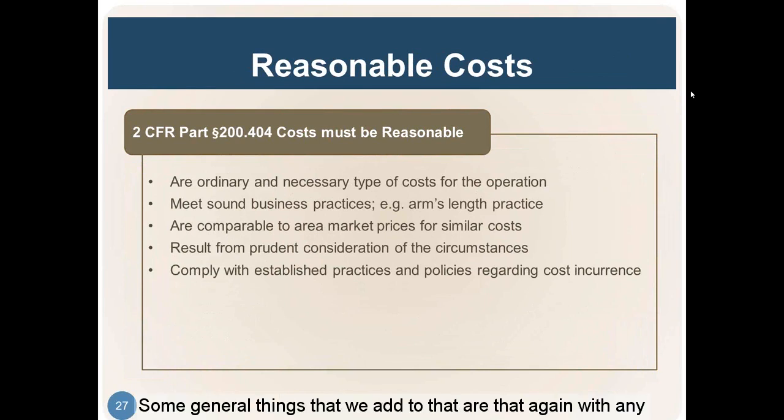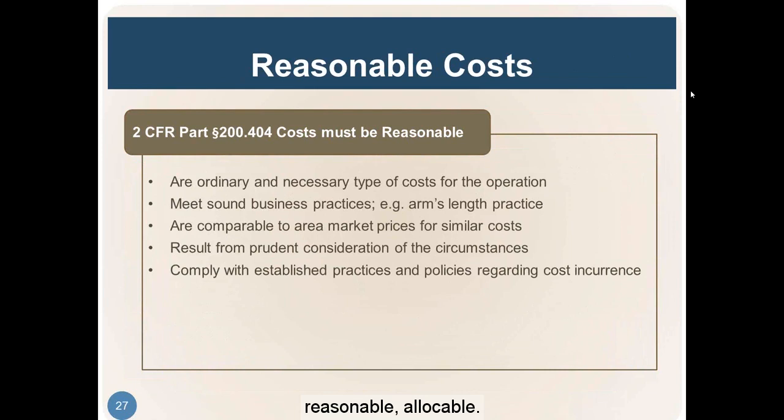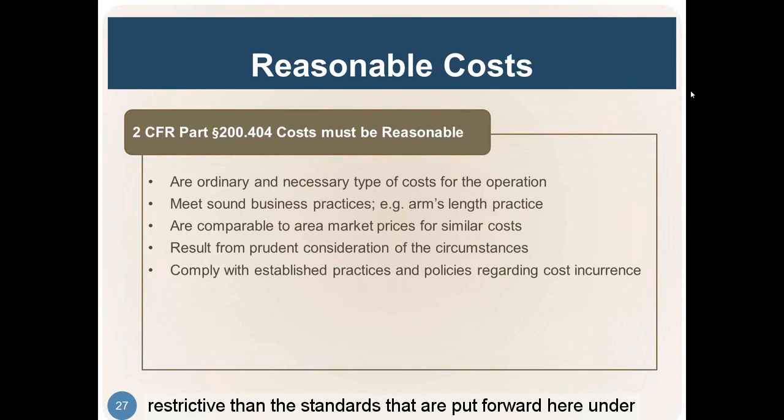So some general things I would add are that, with any of these, when we look at allowability, whether it's reasonable, allocable, you, the state, tribe, or territory, can always be more restrictive than the standards put forward here under the Uniform Administrative Guidance. This is the general bare minimum threshold, if you will.